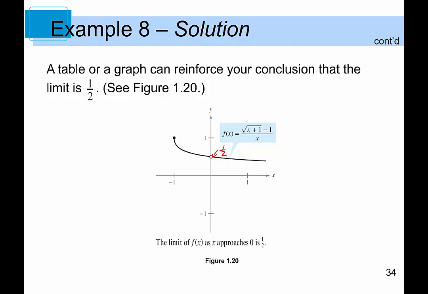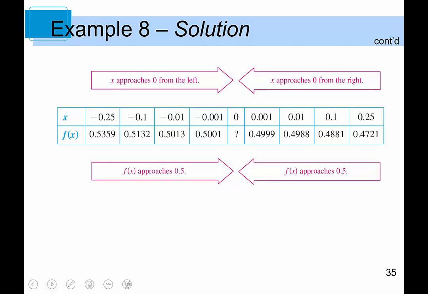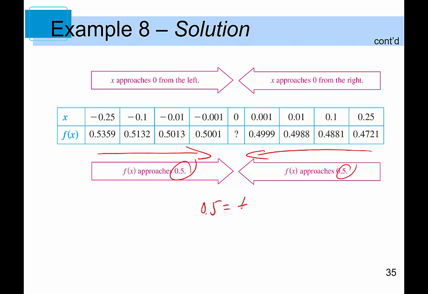And that's a graph of this function. You can also create a table like that. As you can see, when x approaches 0 from the left, the value approaches 0.5, and when x approaches 0 from the right, it approaches 0.5. So that's why 0.5, half, is the limit.